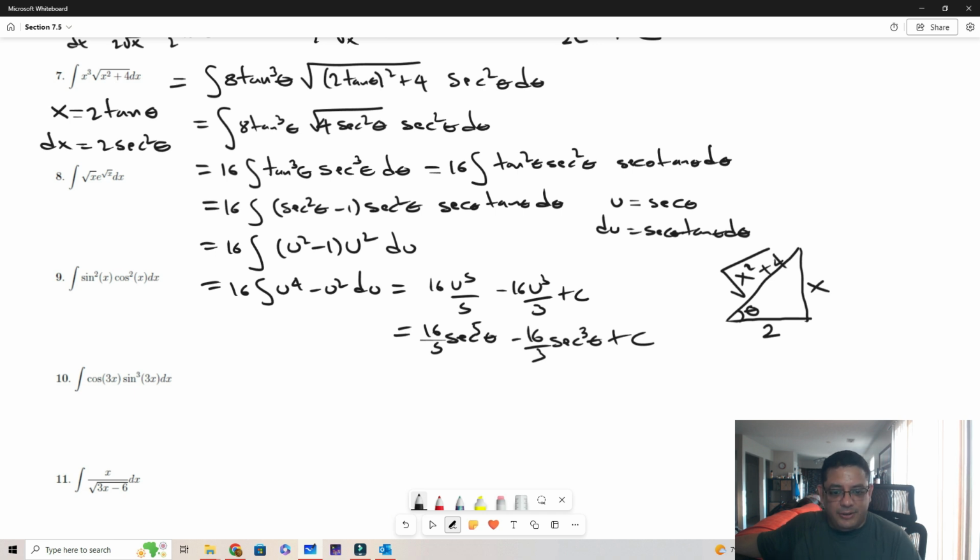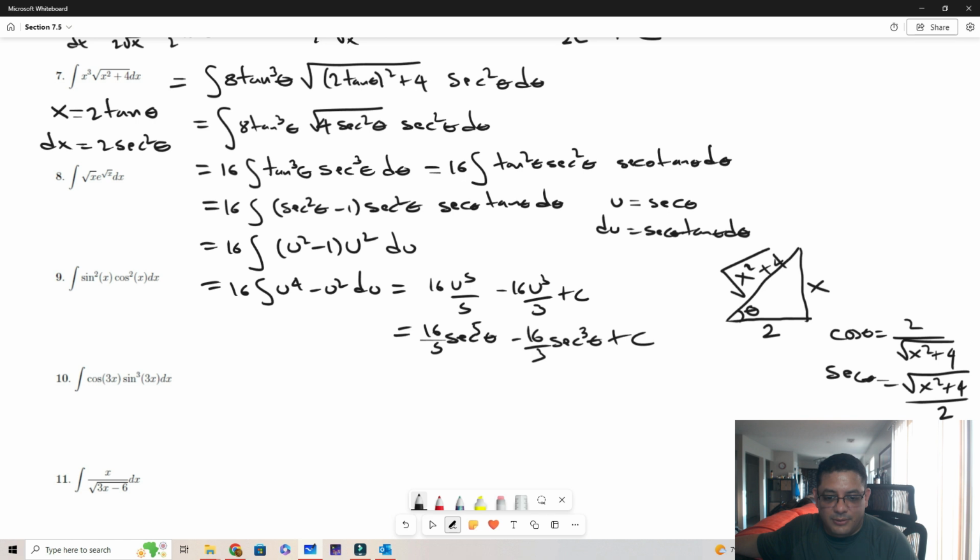And so I need the secant. The secant is related to the cosine. And so cosine of theta is just going to be essentially adjacent over hypotenuse. And secant of theta is going to be this backwards, 1 over cosine, right? So square root of x squared plus 4 divided by 2.